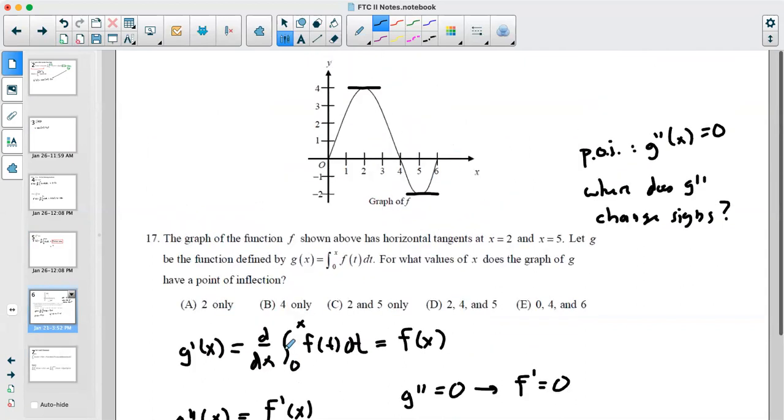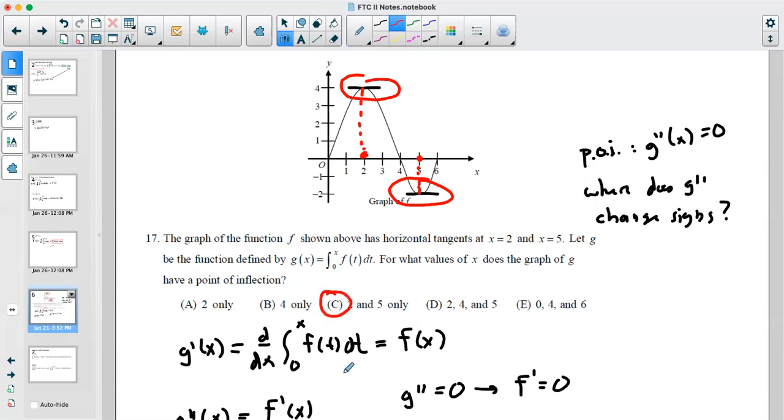So I look at my graph and ask, where is f prime equal to 0? And the answer is right at these two places that told me were horizontal tangents. That's where the slope of the tangent line to the graph of f is equal to 0. That happens right here at x equals 2, and right here at x equals 5. And the answer is C.